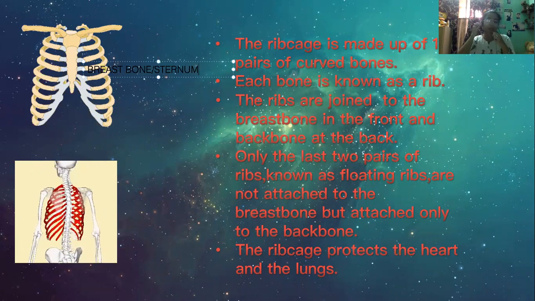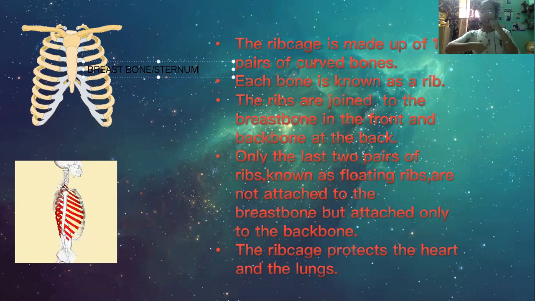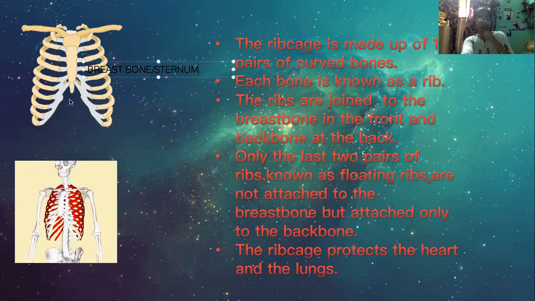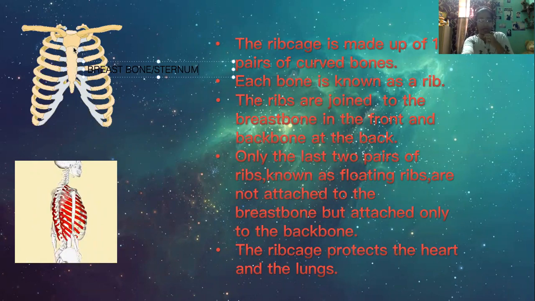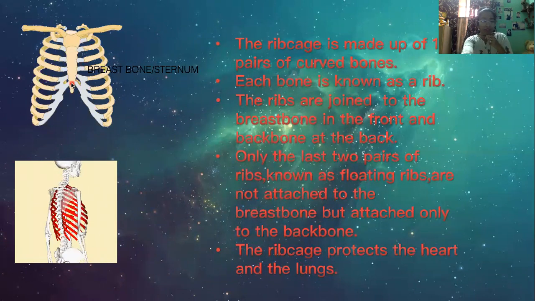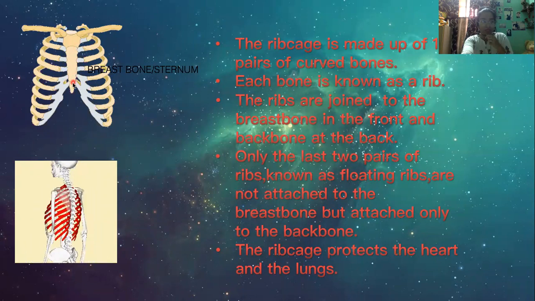So breastbone or sternum is the middle bone that exists here, and what happens is the first 10 pairs, they attach themselves to the sternum or the breastbone at the front, and then at this vertebral column at the back.